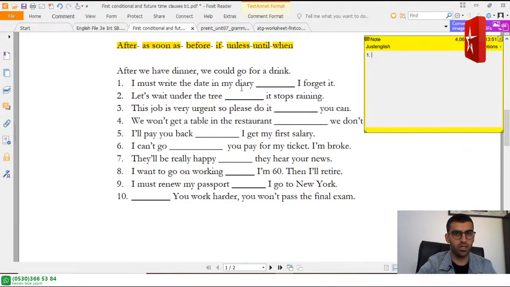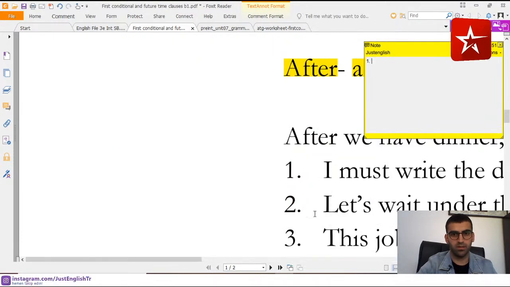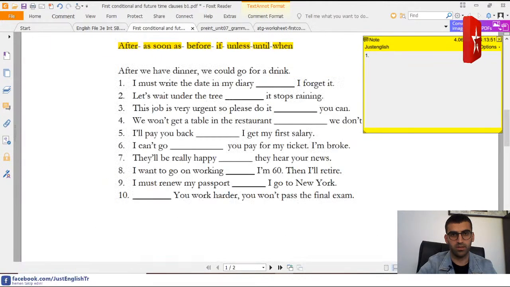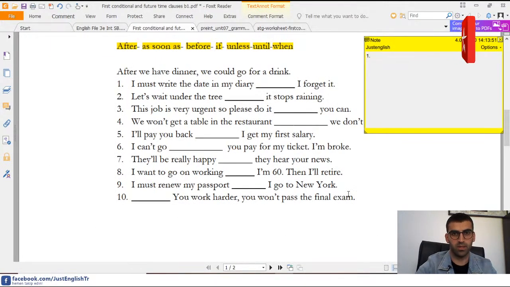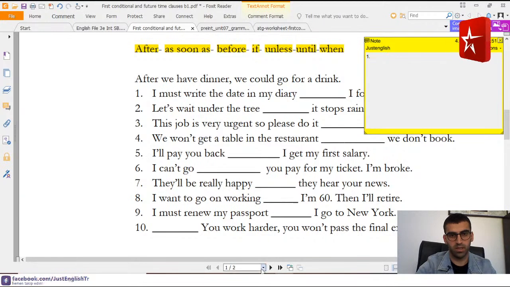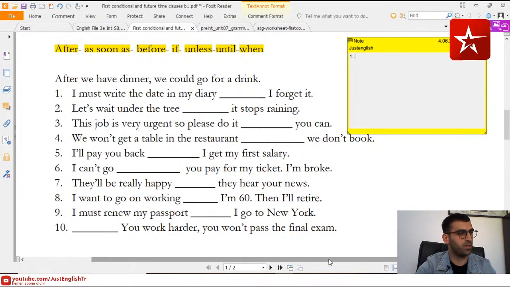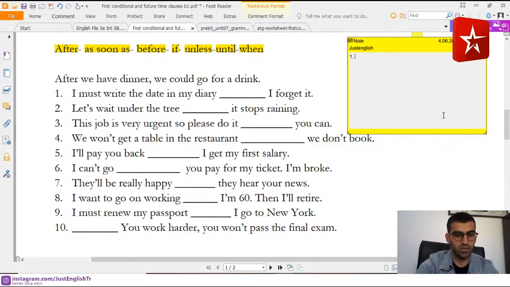Okay, let me check. Yes, the correct answer is before. Let me show you. Let me make it a bit bigger. So how is it at the moment? I think it is good. So the correct answer is before.